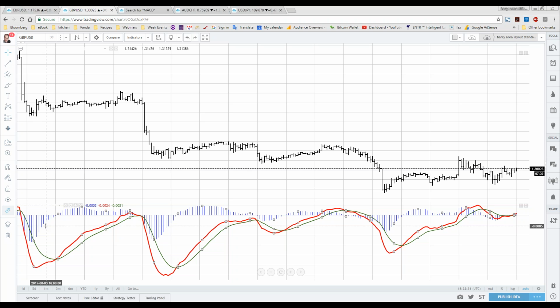So just being above or below the zero by itself doesn't tell you anything, because again, it's simply the two moving averages above. So if you had a 20-day and a 50-day moving average, you subtracted them, you would just get your standard moving average crosses. So it's when the difference of the moving averages reacts with the 9-day moving average of that line, hence the green. So what we're going to be looking for or keying into are these areas.